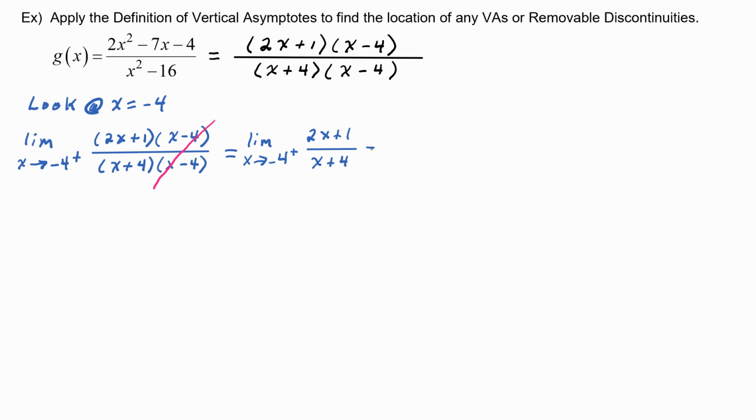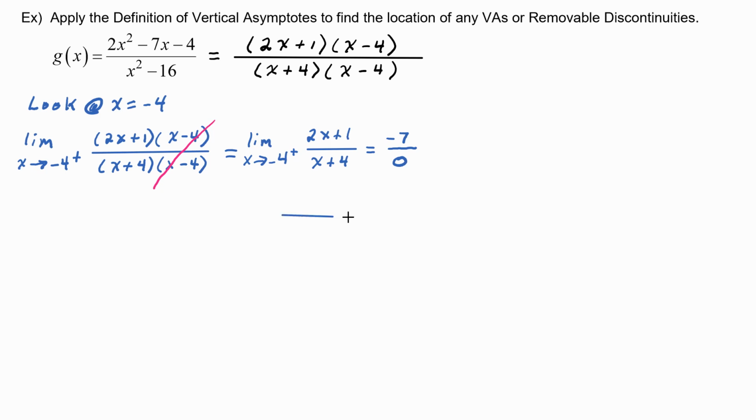Now if we try direct substitution, we put the -4 in for the x, the numerator becomes -7, and the denominator is 0. But remember, this is a one-sided limit, so we have to figure out whether it's 0 plus or 0 minus in order to know whether this goes to infinity or negative infinity.